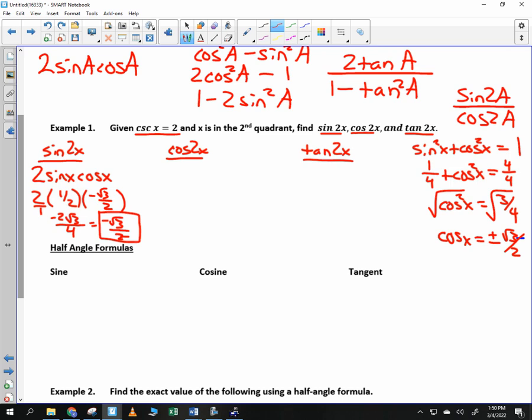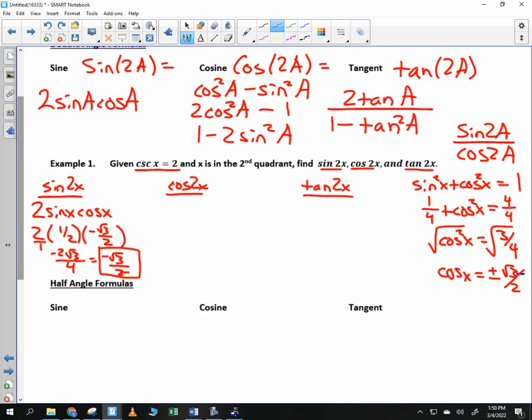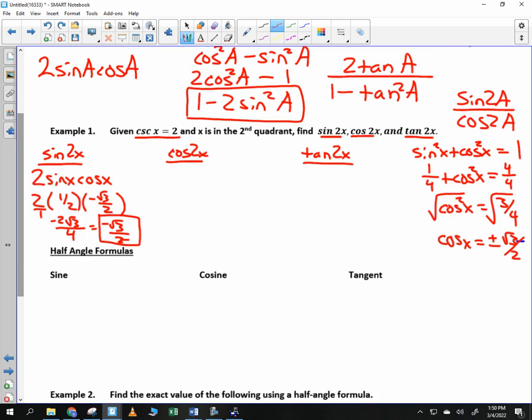For cosine of 2x, I like to choose this formula right here. The reason I like that formula is I have to come up with sine in order to use the first formula, right? And this one just involves using sine again. So I just always default to using this one. So I have 1 minus 2 times sine squared.